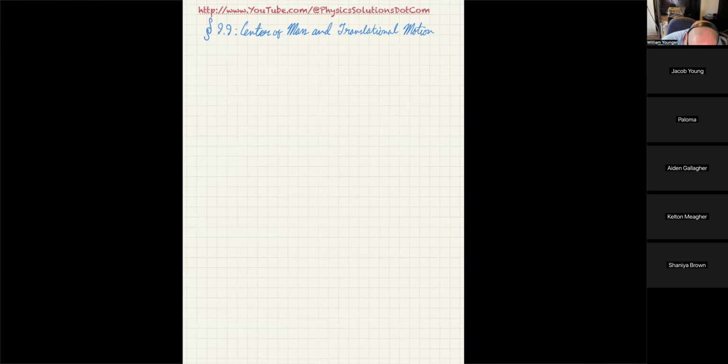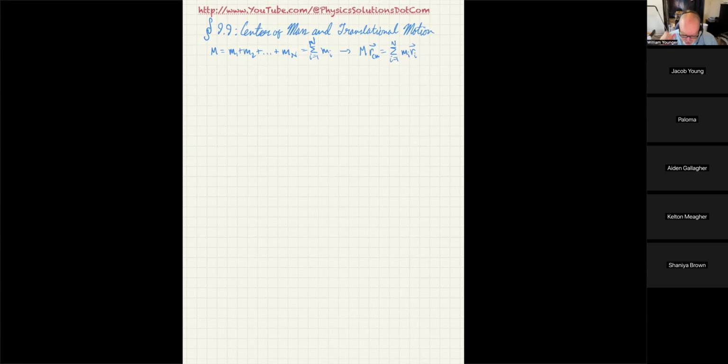If the object has a mass M, and that big M is m1 plus m2 plus dot dot dot plus m sub N, which equals the summation from i equals 1 to N of m sub i, then M times R_CM is equal to the summation from i equals 1 to N of m sub i R sub i.